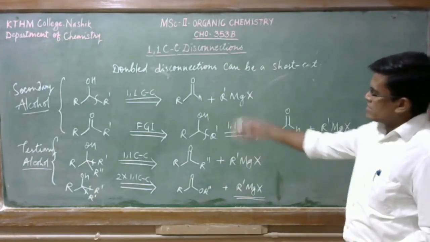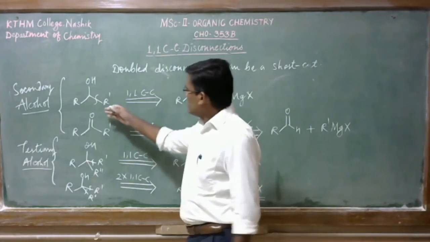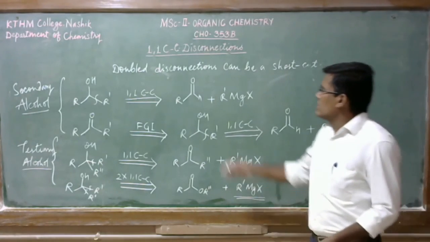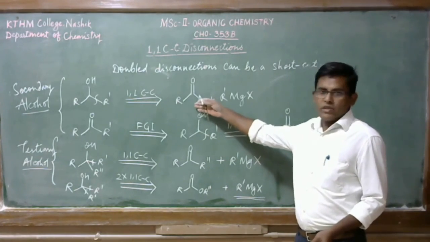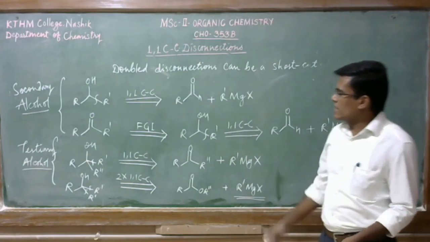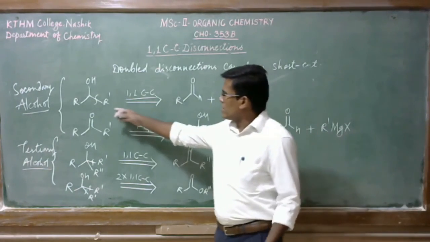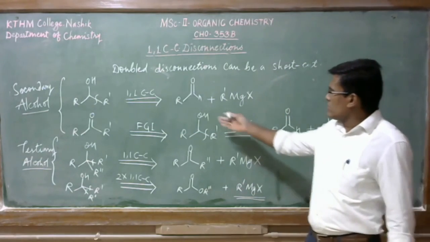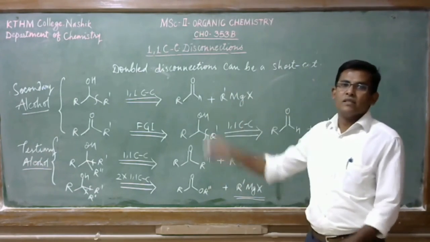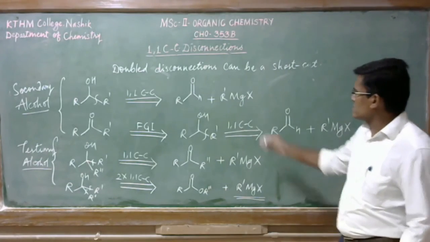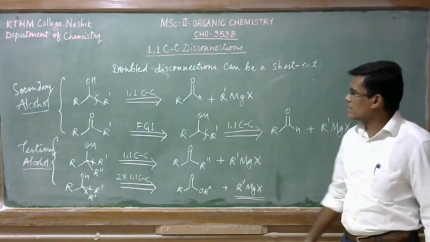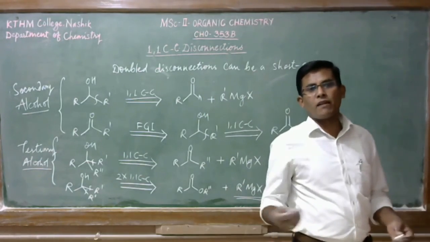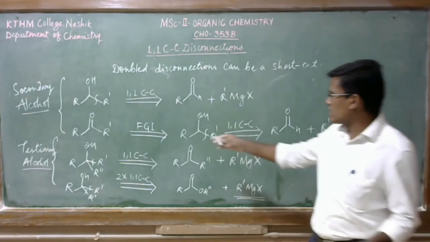So when you have a secondary alcohol, for example this one, you can have a 1,1 carbon-carbon disconnection to give these two chemical equivalents, aldehyde plus Grignard reagent. When you have this ketone, it can be converted into the secondary alcohol.